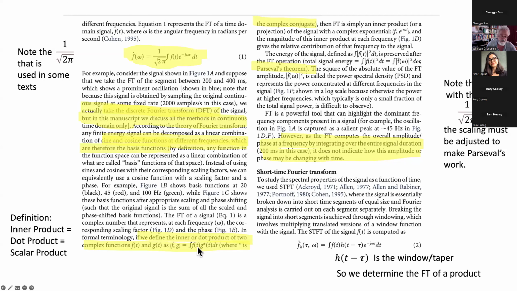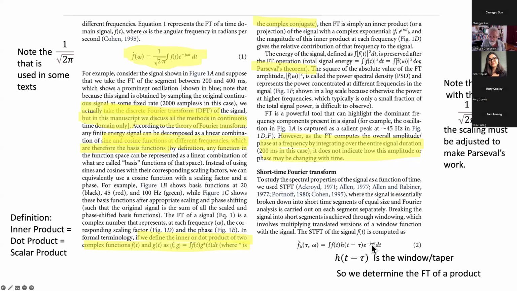It's defined by this integral, and sometimes the integral is replaced by these triangular brackets. We will see that later. Here, the star is the complex conjugate. Parseval's theorem we just discussed. In this case, the phase and the frequency are integrated over this 200 millisecond period.